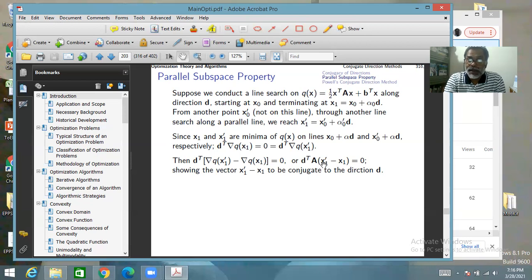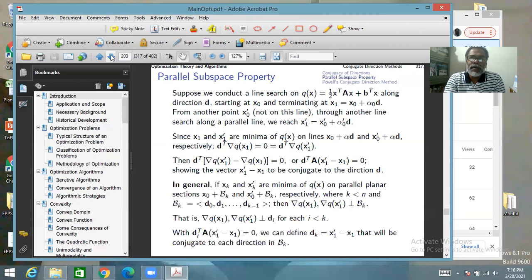Okay, and this is particularly useful because it operates for not only a single direction but over a collection of directions. Say xk and xk prime are minima of this function over two parallel sections, two parallel planar sections. So like this, you have two parallel sections.